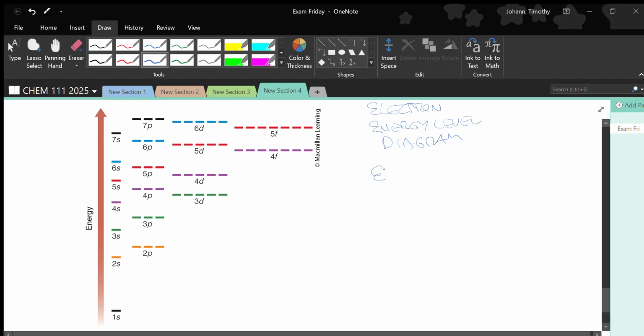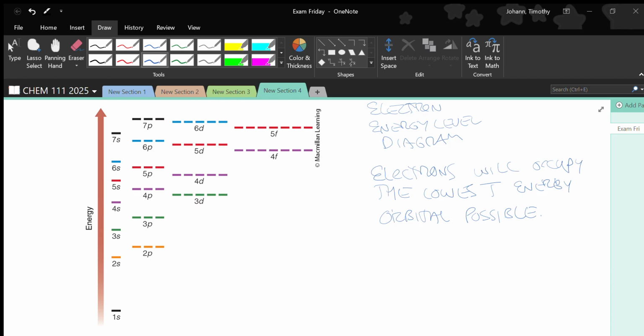So what we can say is electrons will occupy the lowest energy orbital possible. All right, and we'll see this in chemistry again and again. Things like to go from high energy to low energy, or they like to just be at the lowest energy.